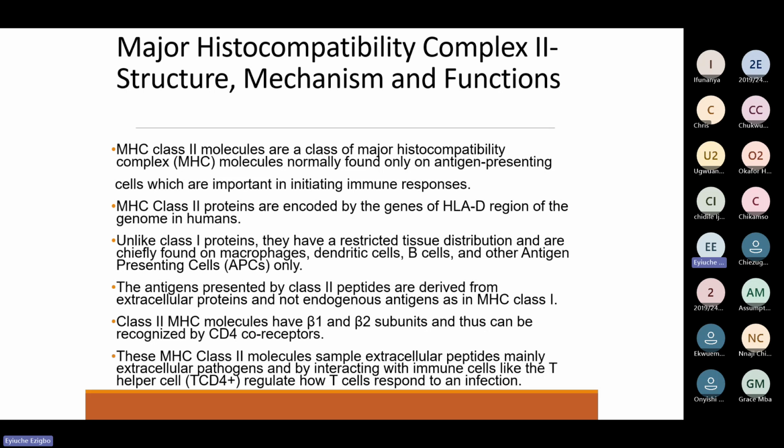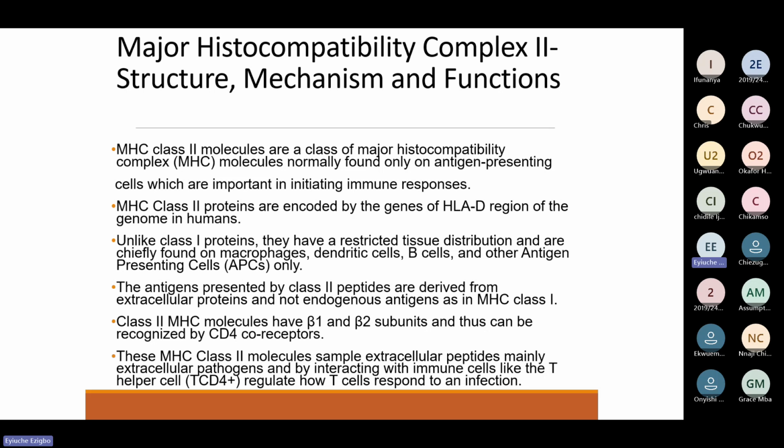Unlike class 1 proteins, they have restricted tissue distribution and are chiefly found on macrophages, dendritic cells, B cells, and other antigen-presenting cells only. The antigens presented by class 2 are derived from extracellular proteins and not endogenous antigen as in class 1.